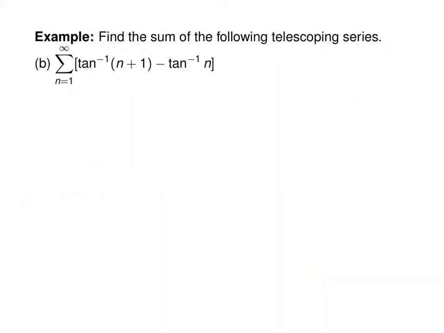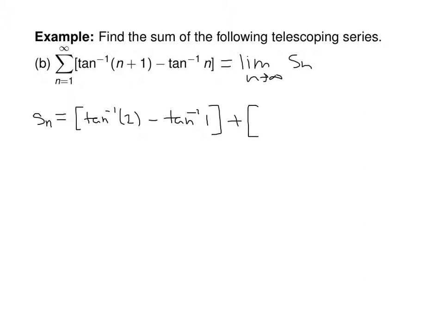And telescoping sums can also involve tricky things like logs and inverse tans. So let's see how this one works. So once again, this will equal the limit as n goes to infinity of the nth partial sum. So when we plug in 1, we have inverse tangent of 2 minus inverse tangent of 1.